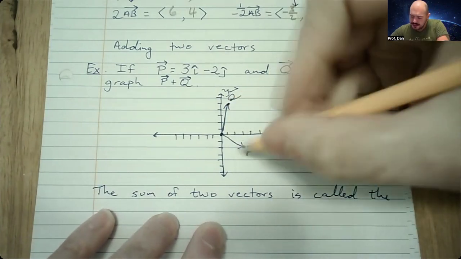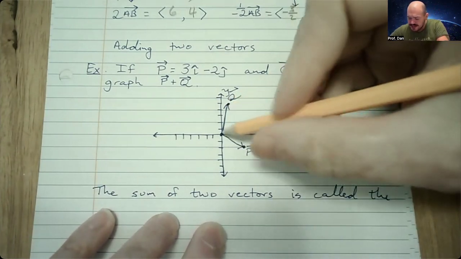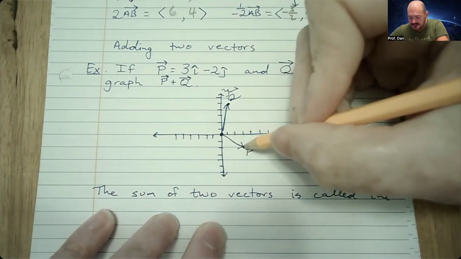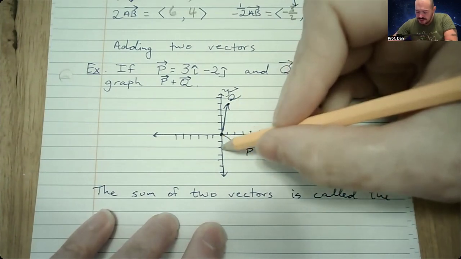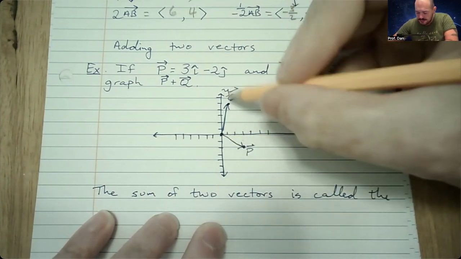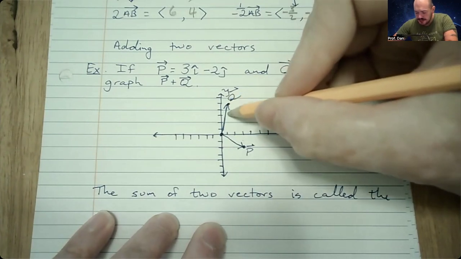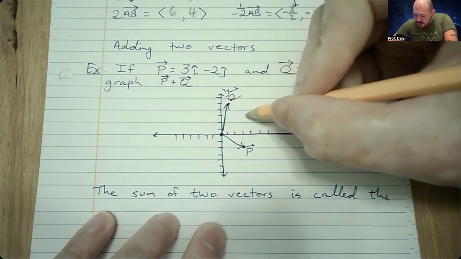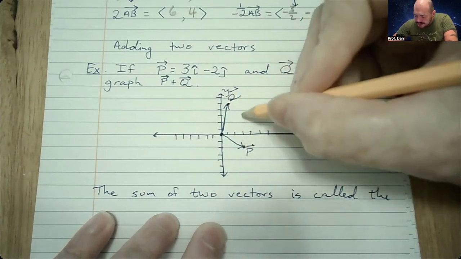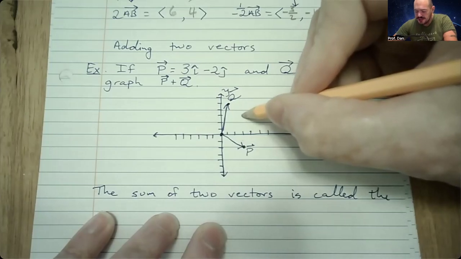I can draw the other two sides of this parallelogram by matching the slope. Here I had to go down 2 over 3. So if I go up to Q, I can go down 2 over 3, and that gives me this point.